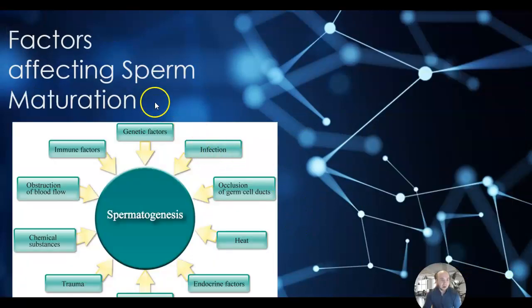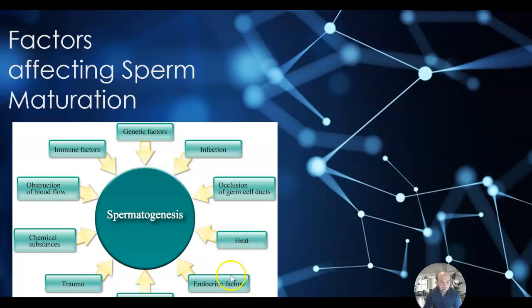Okay. Some factors affecting sperm maturation. You have your genetic factors. If you have an infection, especially like an STD or such things, your spermatogenesis drops. If there's occlusion in the germ cell ducts, or overheating, it can lead to decreased sperm production.